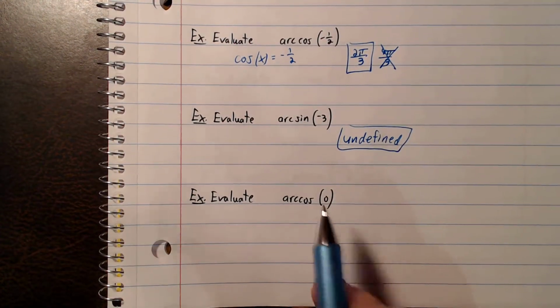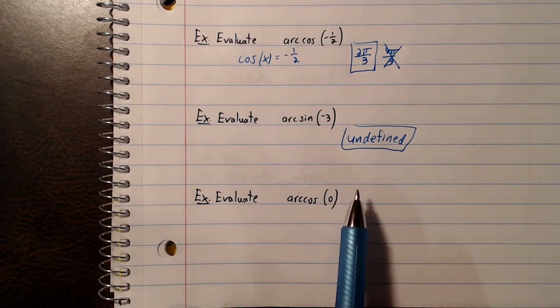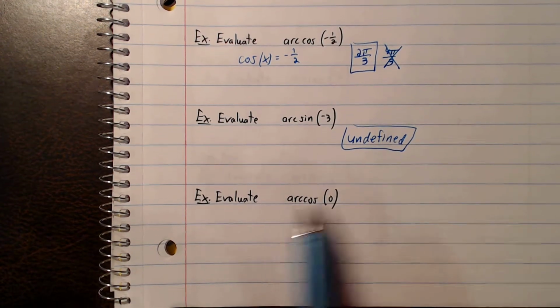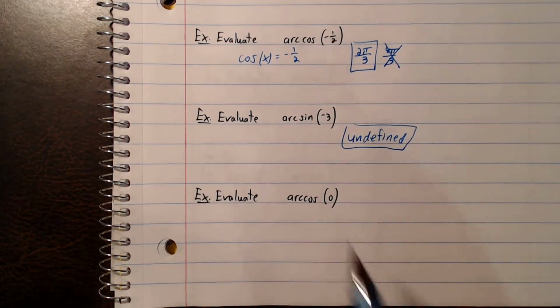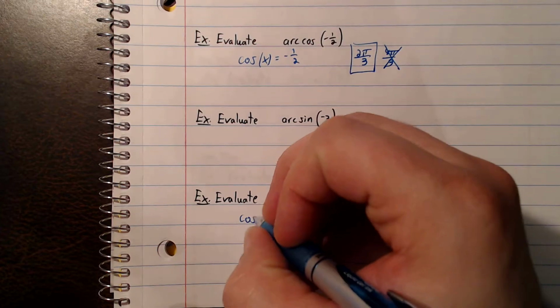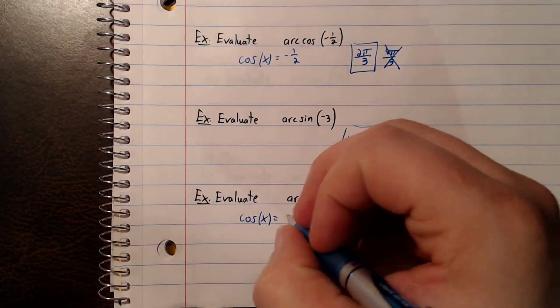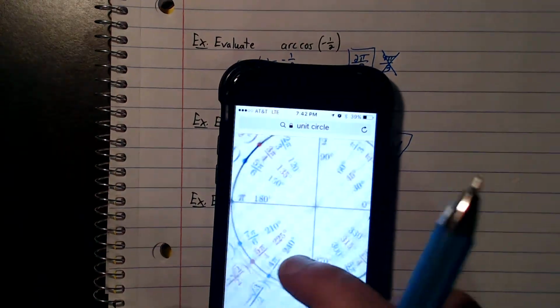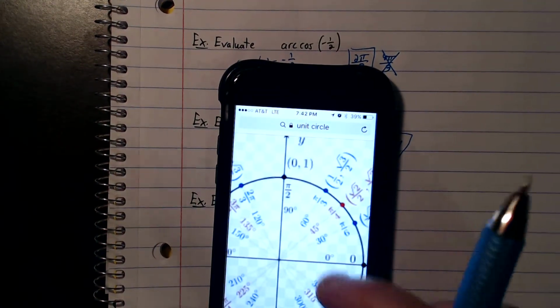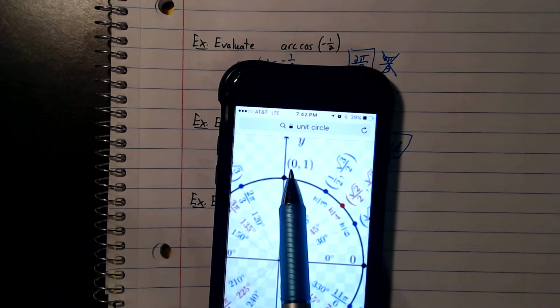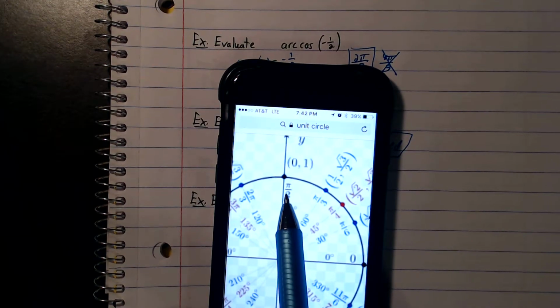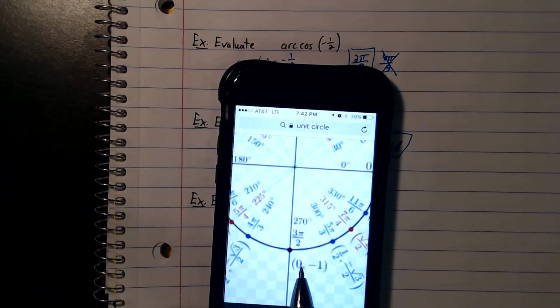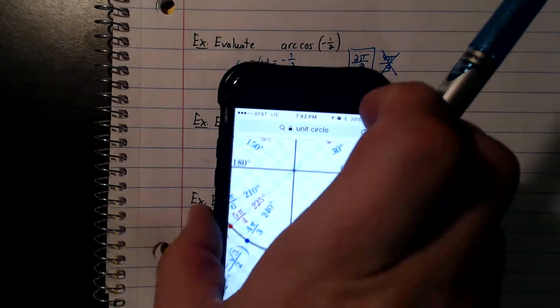Arc cosine of 0. That actually fits inside of the domain. It's in between negative 1 and 1. So we can do this problem. We're looking for when cosine is equal to 0. We know cosine is the x coordinate. So on the unit circle, I can see my x coordinate being 0 at pi over 2, and it happens again at 3 pi over 2.